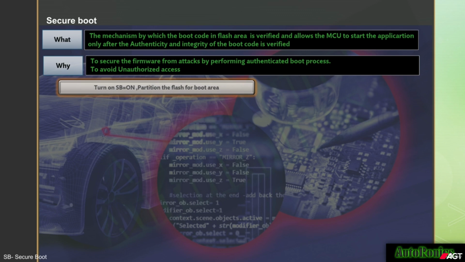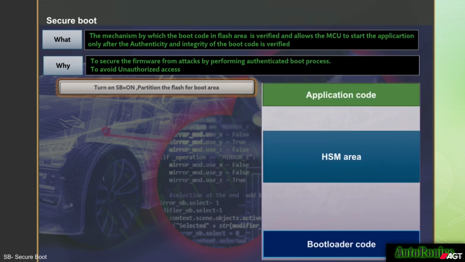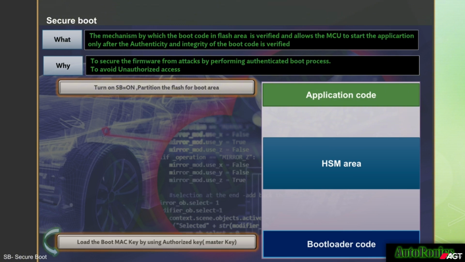First, we'll partition the flash for the boot area. As you can see, we need to configure the flash. The flash which we configured will be separated for the boot code, the HSM area where we store the keys and the boot MAC, and the application code where the actual application sits, like ABS and the ESP.